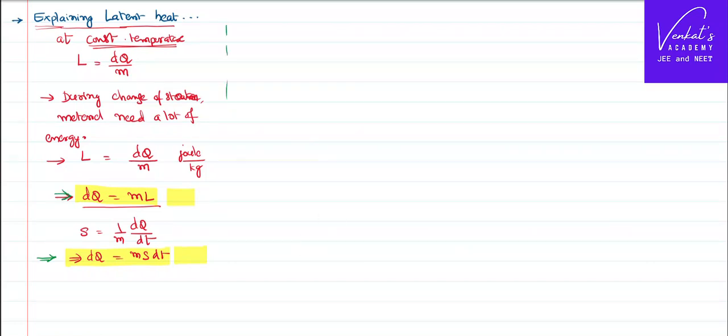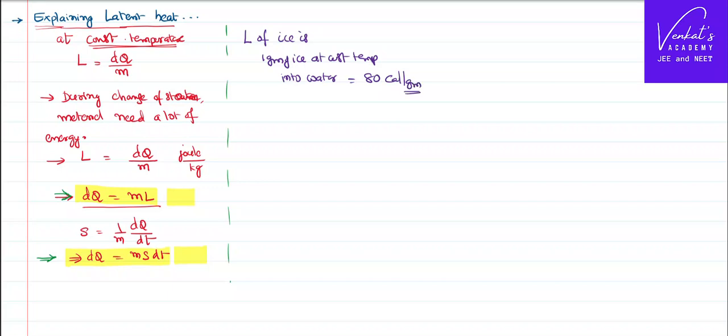Let's go back to latent heat. We are more intended to talk about latent heat here. So the latent heat of, say for example, ice, that means the amount of heat required to convert 1 gram of ice at constant temperature into water, is 80 calorie per gram.